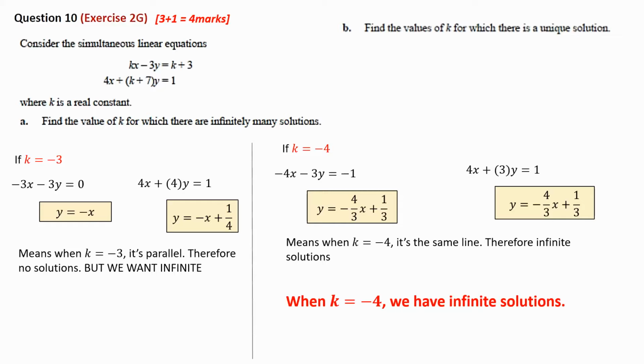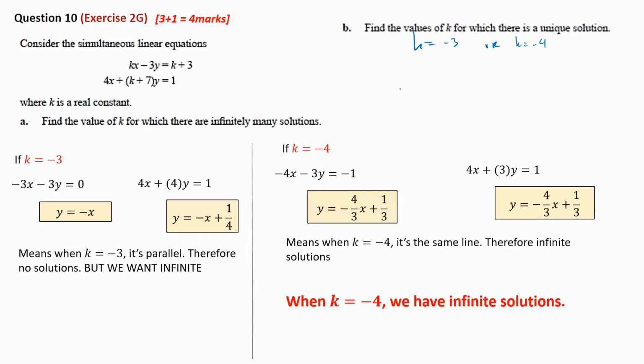Now, like I said, once you know k equals -4 gives you infinite solutions, answering that 1-mark question is really easy. It says, find the values of k for which there is a unique solution. So when will you have a unique solution? When it's not parallel and when it's not infinite. The only time that occurs is when k equals -3 or k equals -4. We don't want that.